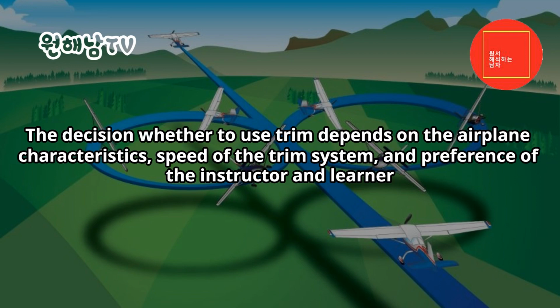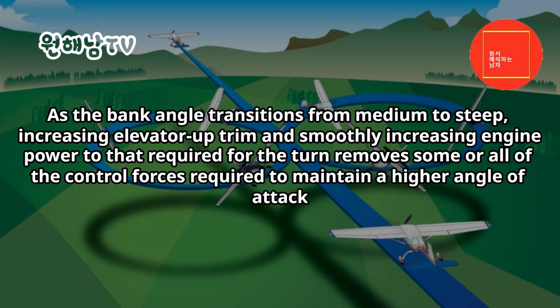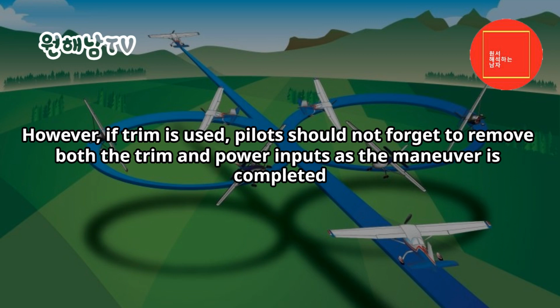The decision whether to use trim depends on the airplane characteristics, speed of the trim system, and preference of the instructor and learner. As the bank angle transitions from medium to steep, increasing elevator up trim and smoothly increasing engine power to that required for the turn removes some or all of the control forces required to maintain a higher angle of attack. However, if trim is used, pilots should not forget to remove both the trim and power inputs as the maneuver is completed.